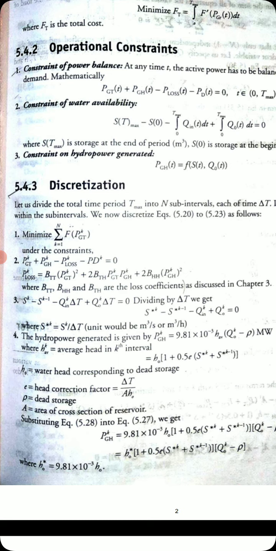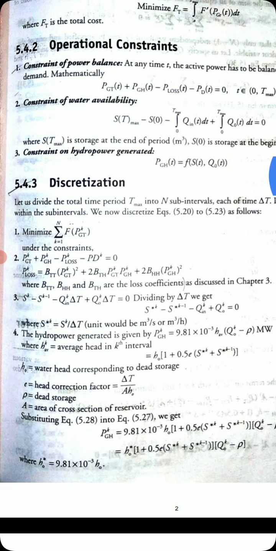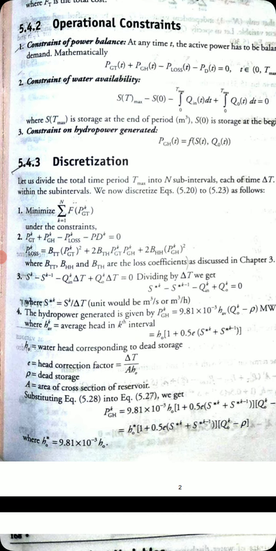So if you divide this whole equation by delta t, then S^k will become S^k minus S^(k-1), Q in raised to k, Q naught raised to k, because delta t is already divided, and in the numerator the delta t vanishes, because it is getting divided on both RHS and LHS.